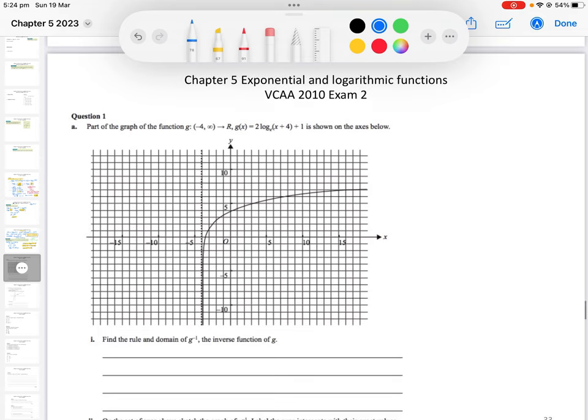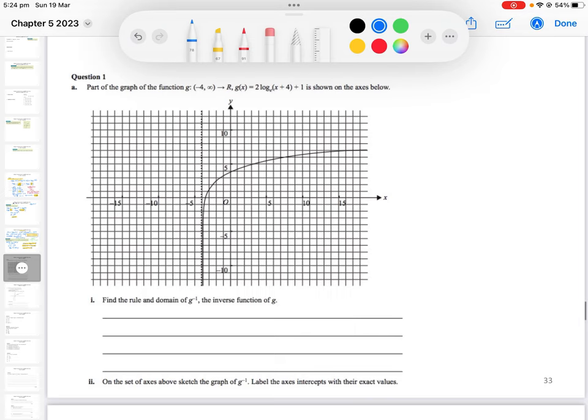So let's have a look at this one from 2010. Find the rule and the domain for g to the minus 1, the inverse. So for the inverse, swap x and y still. x equals 2 log e of (y plus 4), plus 1. So I'm going to take the 1 and then divide by the 2.